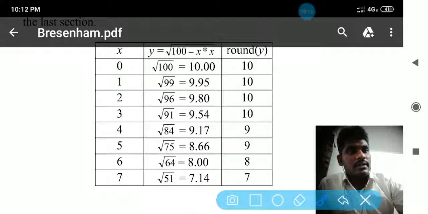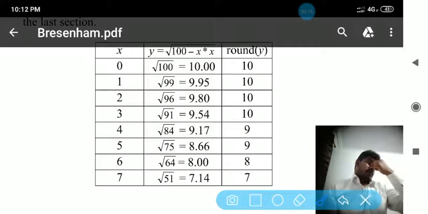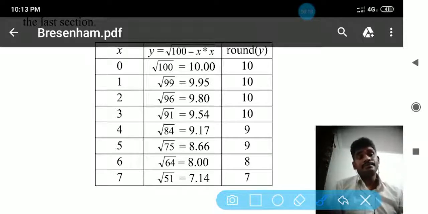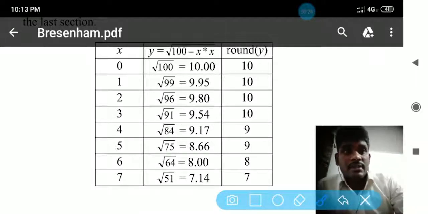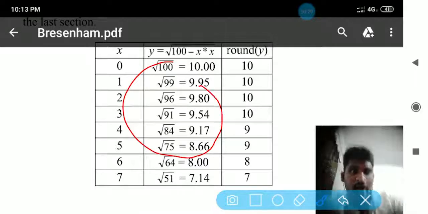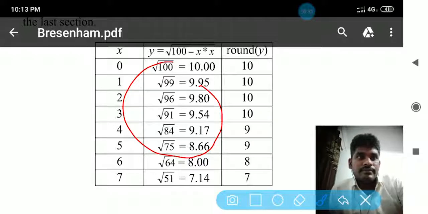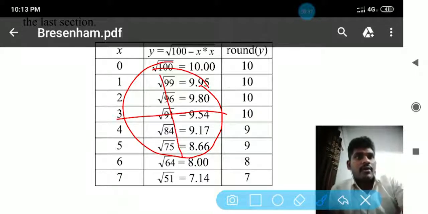In DDA, digital difference algorithm, our aim is to draw a circle, the same as the previous algorithm, the Bresenham algorithm. In the DDA algorithm, first our aim is a circle. This is a circle. These are the x coordinates and y.